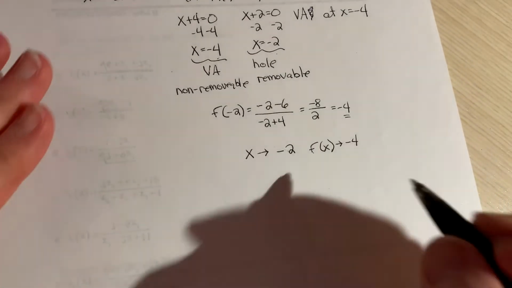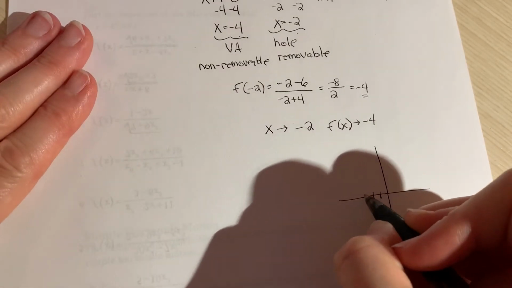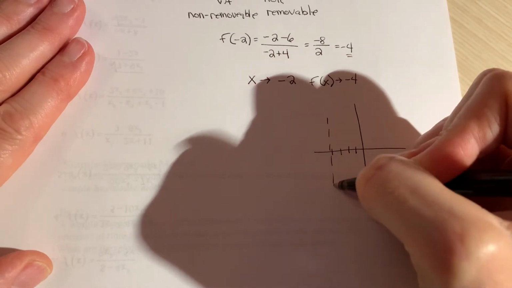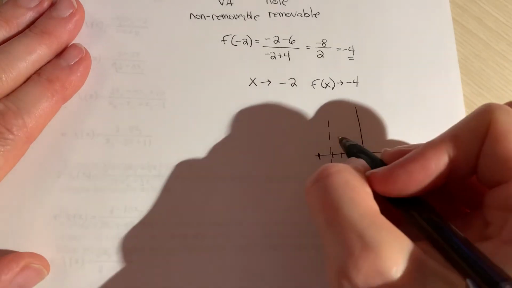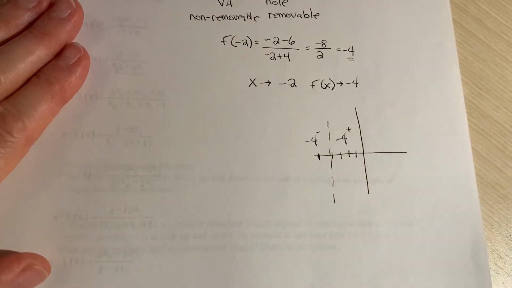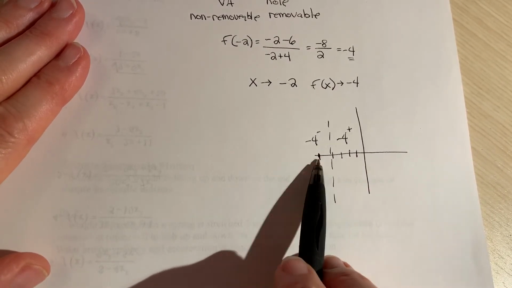To find out what's happening at your vertical asymptote, I'm just going to do a quick sketch here. I have a vertical asymptote at -4. So I want to look at what happens as I approach -4 from the right and -4 from the left. So just pick these two x values to the right and to the left.